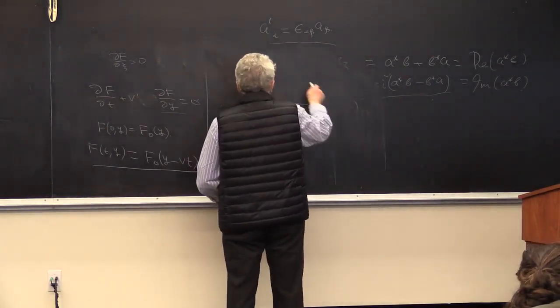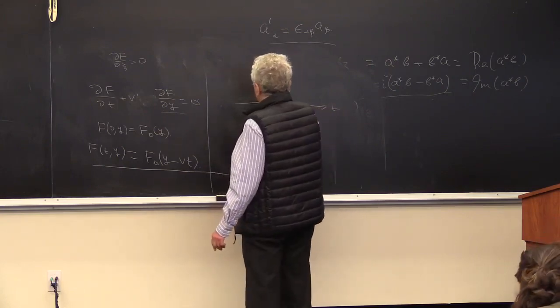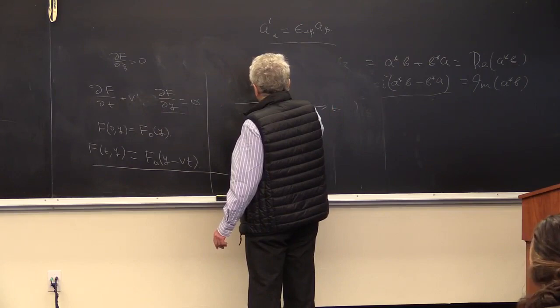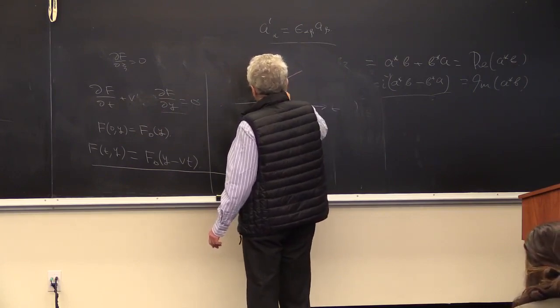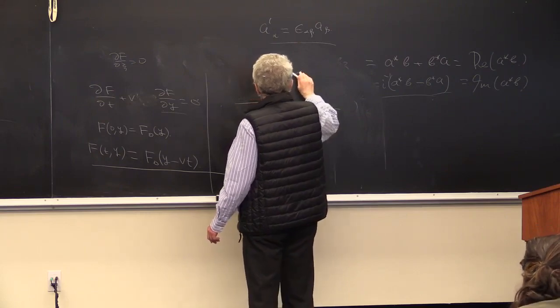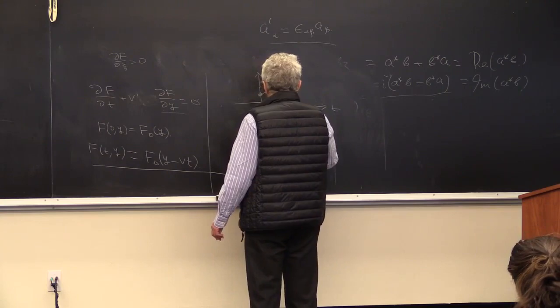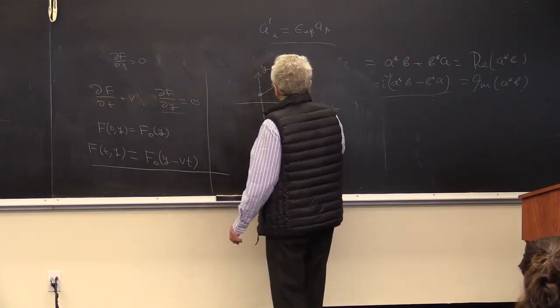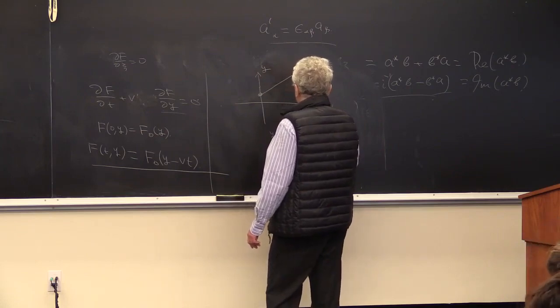What it tells you is basically that if we have y here, t here, at time 0, we draw the lines y equal to vt plus x.